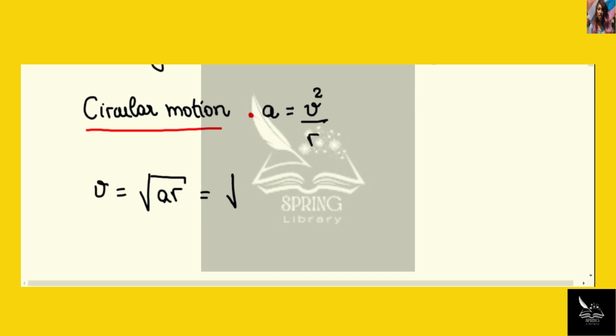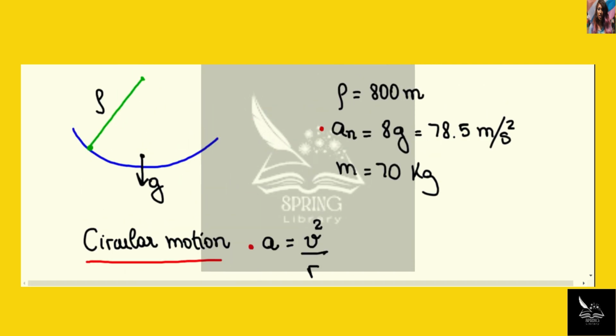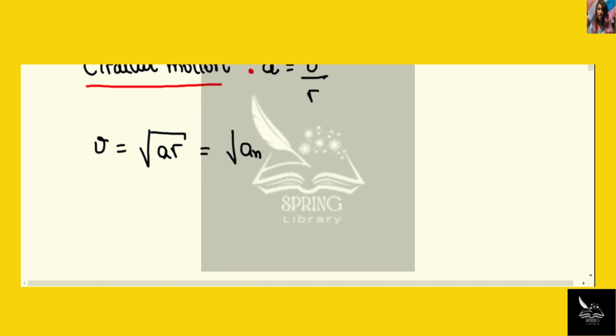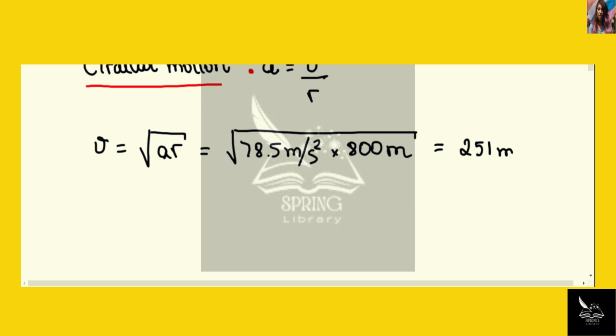In our case, the acceleration, which is h times g, 78.5 meters per second squared. I'm going to substitute it here, 78.5 meters per second squared times the radius, which is 800 meters. And this is equal to 251 meters per second.